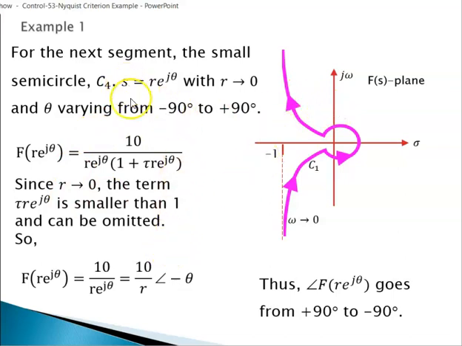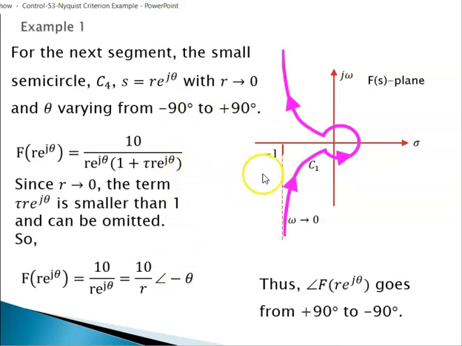So when you substitute s is equal to r e power j theta, you have this term coming in. This is extremely small as compared to 1. So neglect that. If you neglect that, you have 10 by r at an angle of minus theta. When theta varies from minus 90 to plus 90, minus theta varies from plus 90 to minus 90.